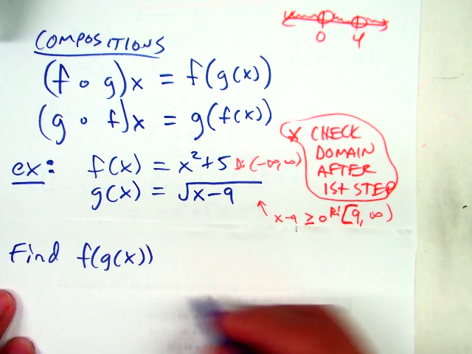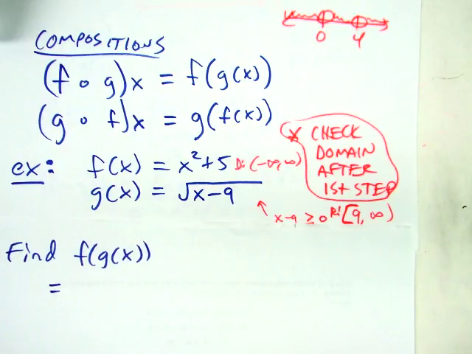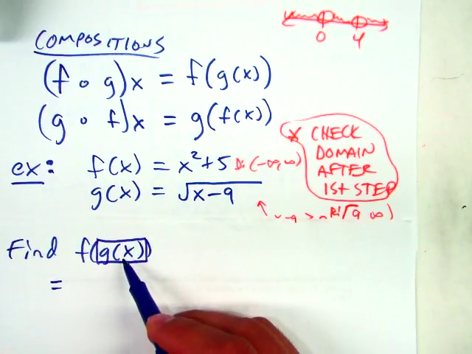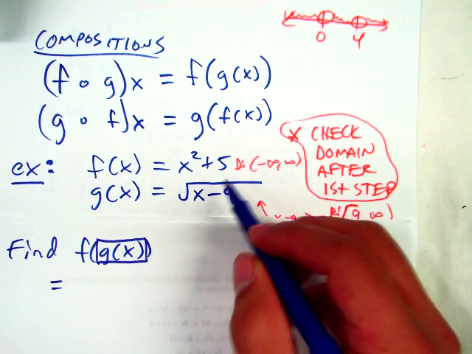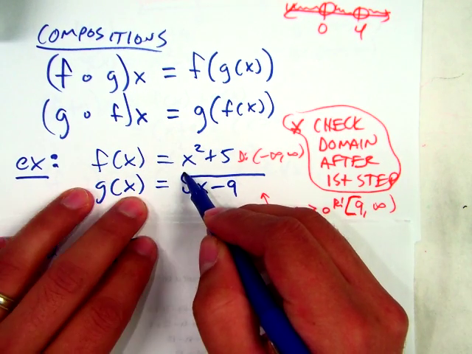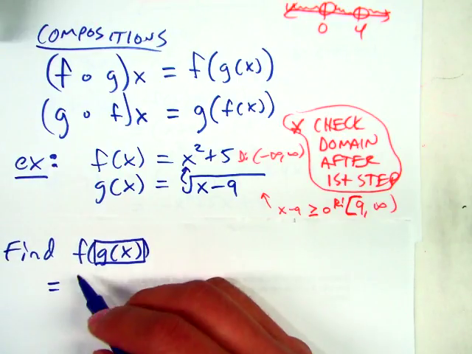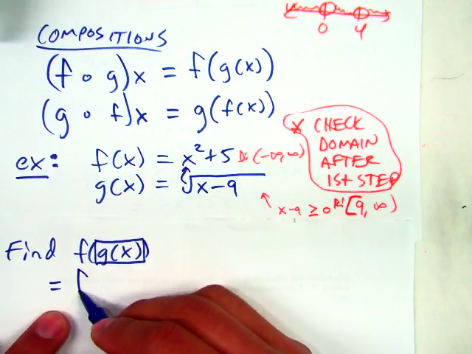Okay? So this means you take g and you plug all of the g function into the x of f. Does everybody understand?